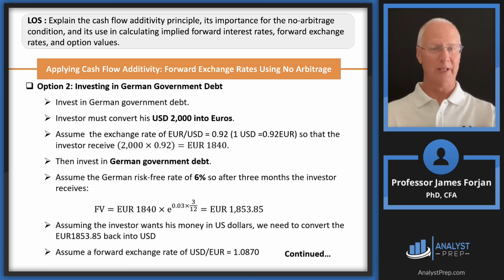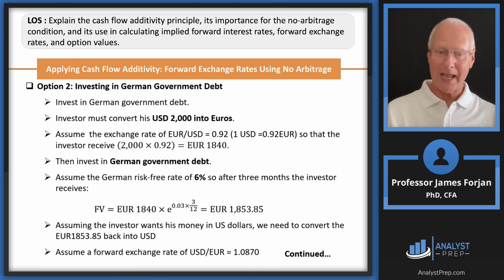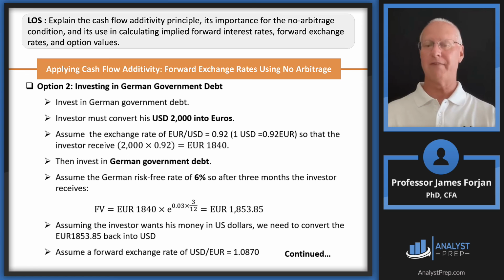Now, let's pause here. This has nothing to do with the LOS. What you can do is just wait and convert those future euros at the exchange rate that will be present in 3 months. That exposes you to currency risk. Or today, you can enter what's known as a forward contract.